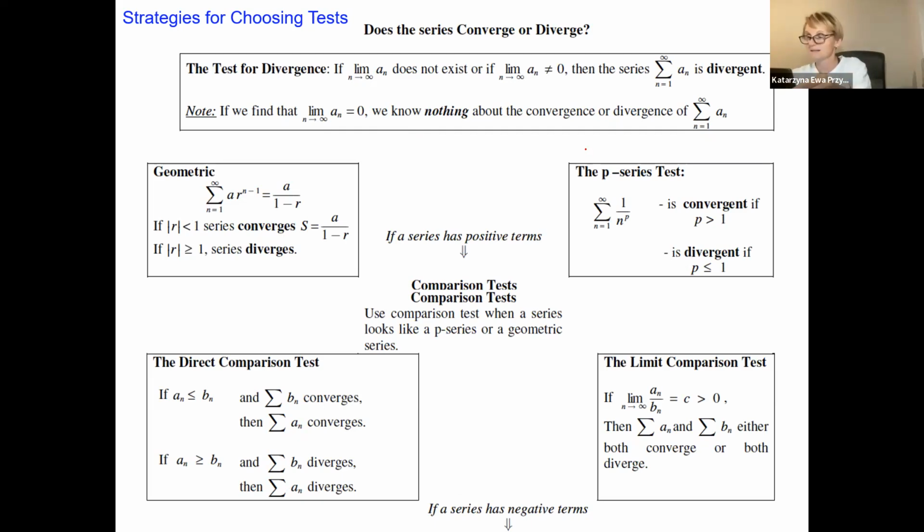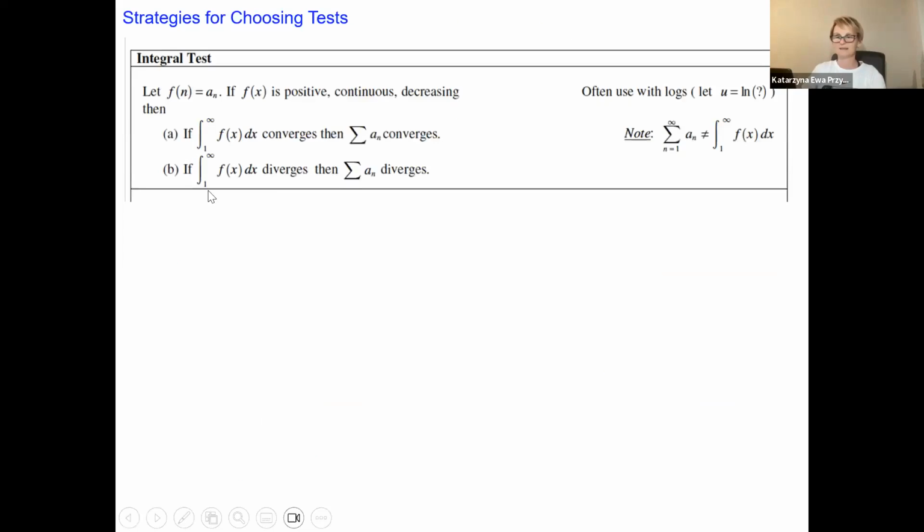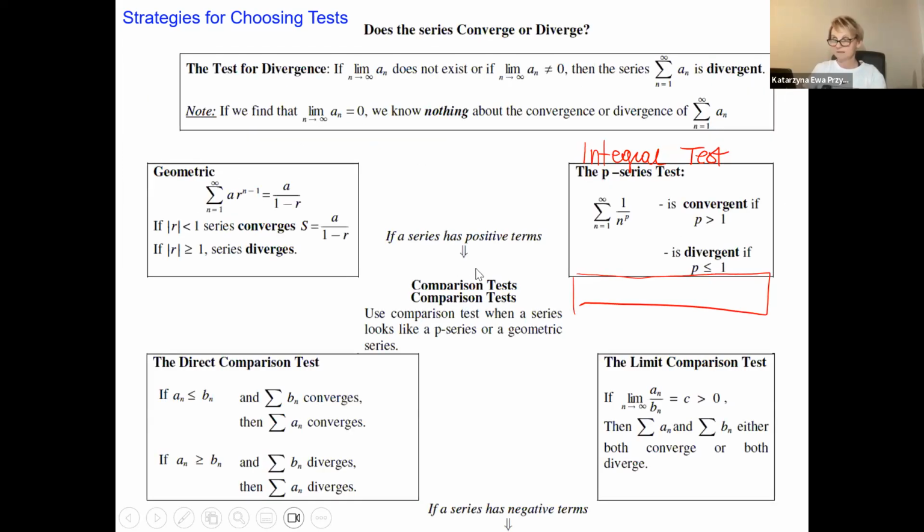This is supposed to be the integral test, and the p-series test is supposed to be just a small box. I will correct this. Okay, convergence, integral, divergence, series, divergence. Then direct comparison and the limit comparison. And this is half of my page. The other half will be the tests with negative terms, but that's later, tomorrow and next week.